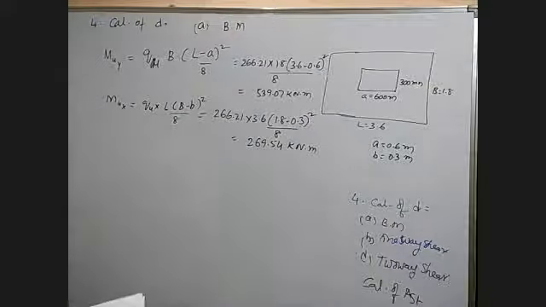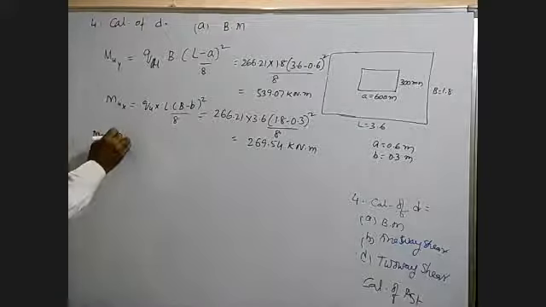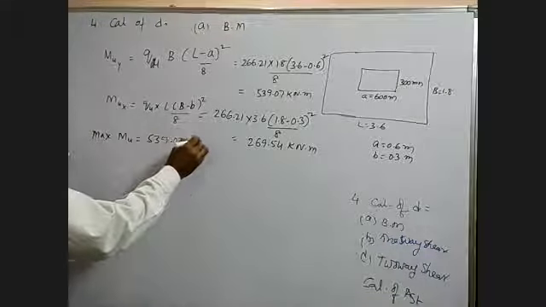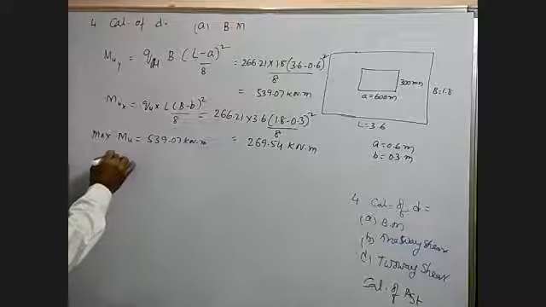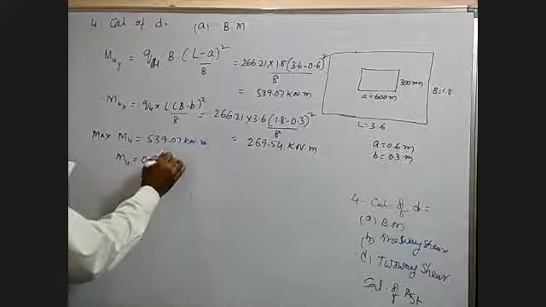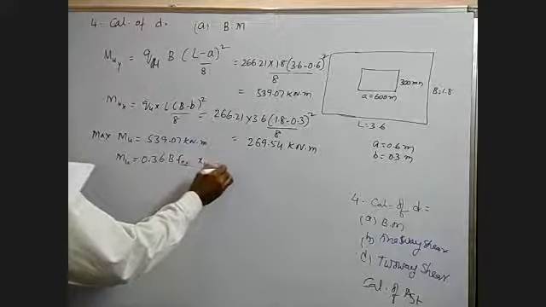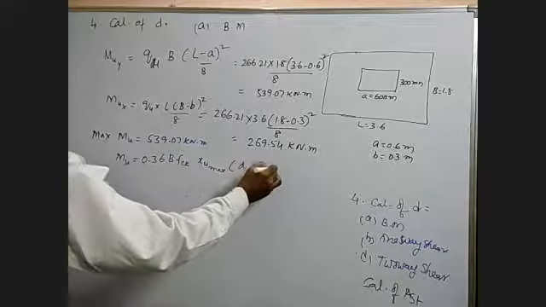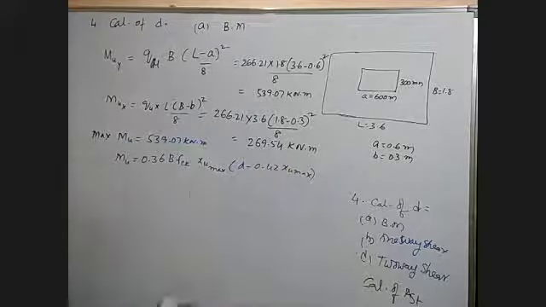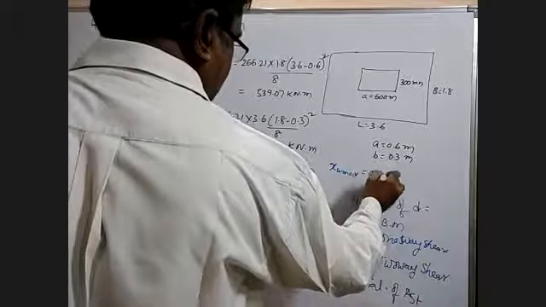So here, take the maximum value here. The maximum is equal to, say for M20 grade concrete, XMX value is equal to 0.4820.